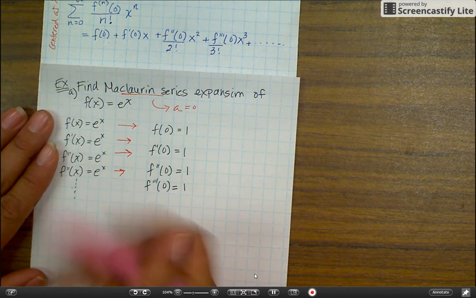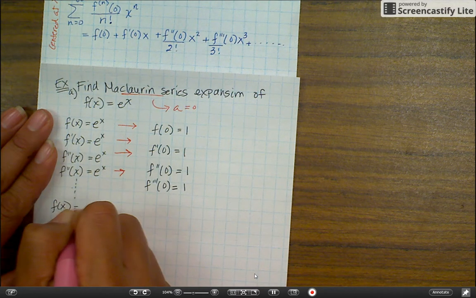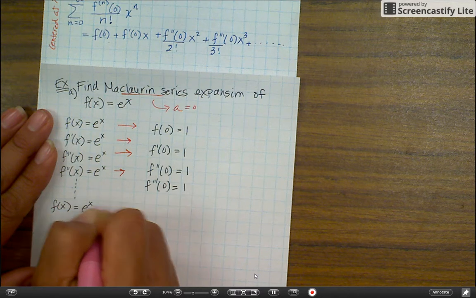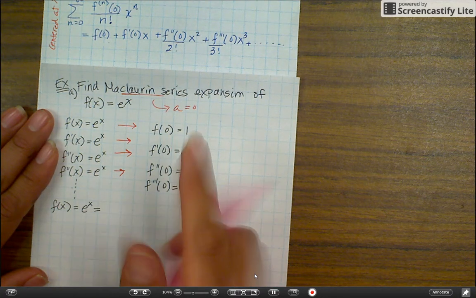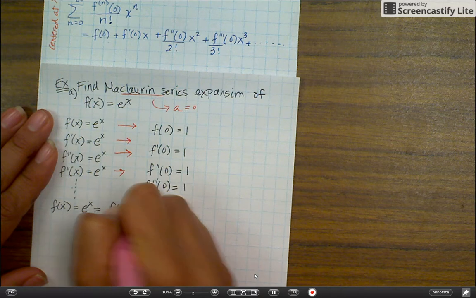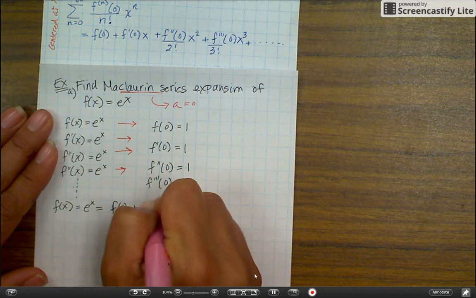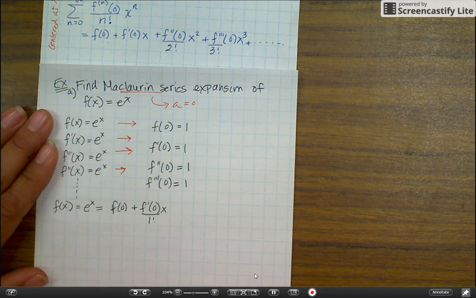So that means that this is going to be f of x is equal to e to the x, which my expansion is going to be f of 0, 1. Actually, let me do it like this. F of 0 plus f prime of 0 divided by 1 factorial x to the first power.